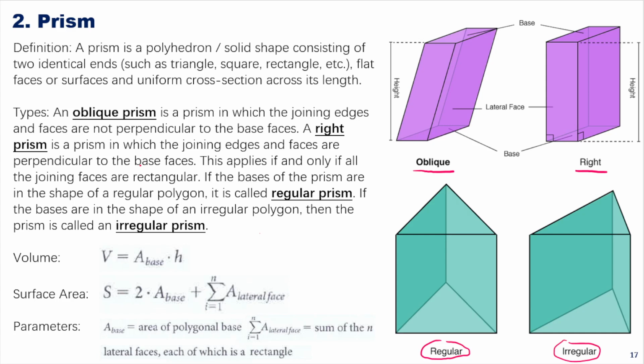Plus the sum of the areas of all the lateral faces, where A base means area of a polygonal base, and sigma of A lateral face is the sum of the n lateral faces, each of which is actually a rectangle, right?